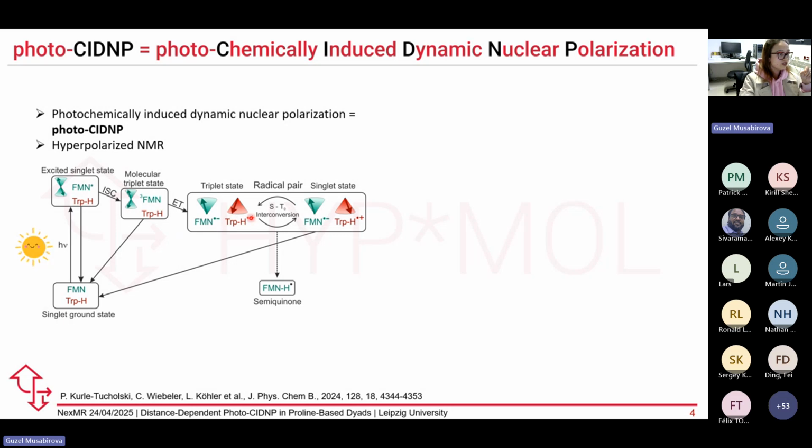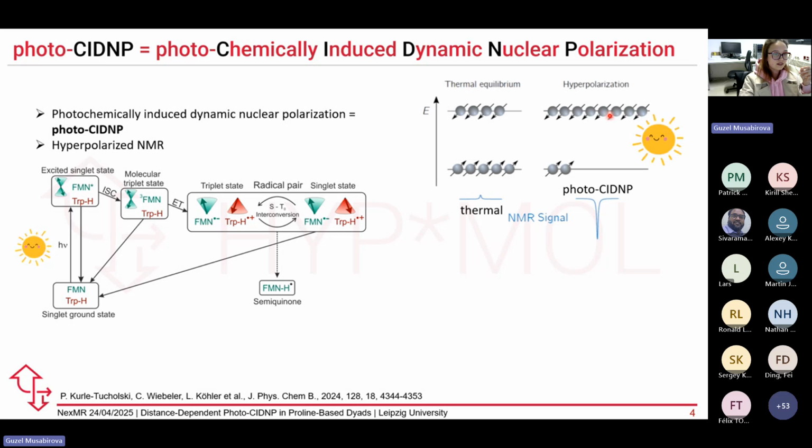Interconversion between triplet and singlet state is regulated by nuclear spin state. So that's why we have recombination to the ground state of certain nuclear spin states, which we can detect by NMR. In NMR, instead of a typical thermal equilibrium signal, we can build up a hyperpolarized spin population and detect an enhanced NMR signal.